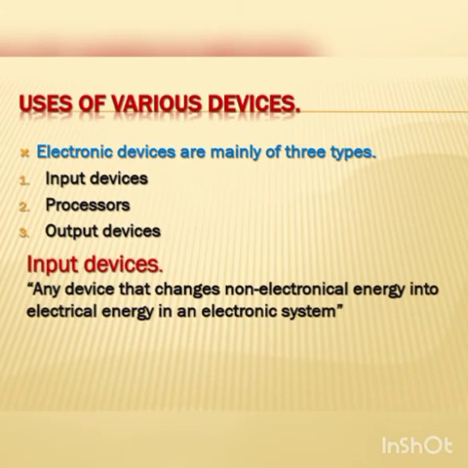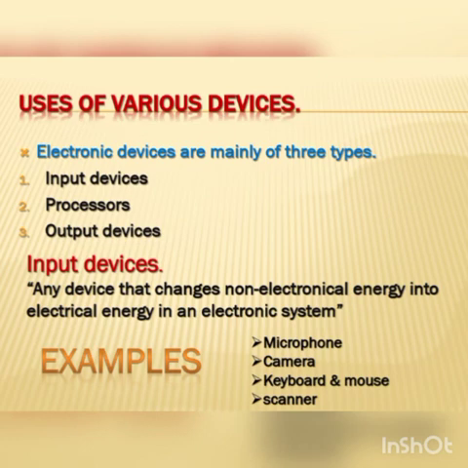Any device that changes non-electrical energy into electrical energy in an electronic system is known as an input device. For example, microphone, camera, keyboard and mouse, scanner. All these are examples of input devices because they convert non-electrical energy into electrical energy.